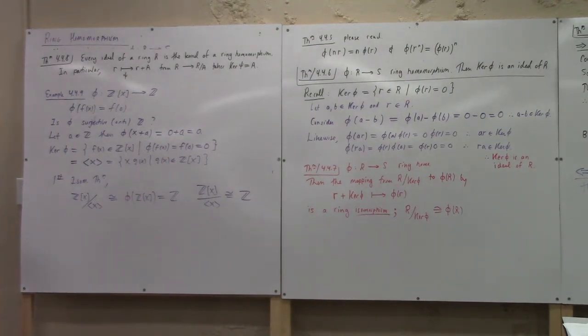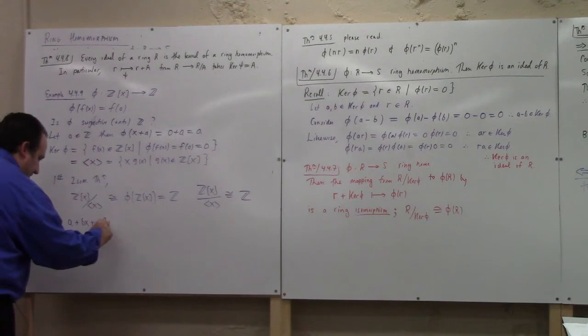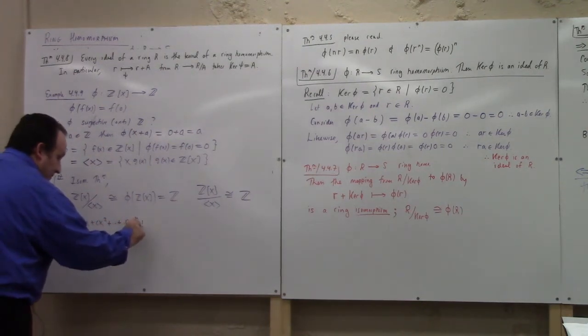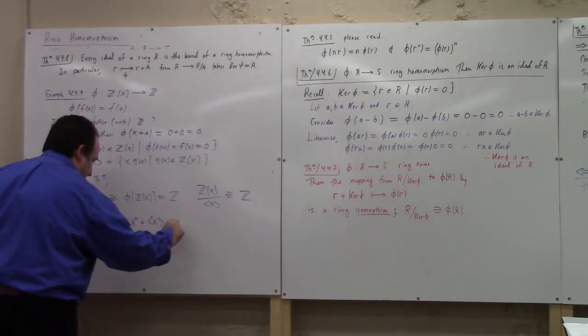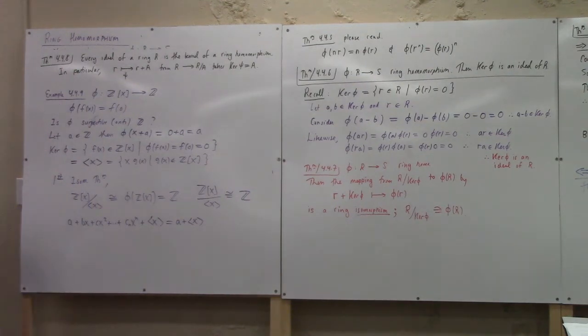So if you have a polynomial, a plus bx plus cx squared plus and so on, plus c_n x to the n, plus the ideal generated by x, well, that's just equal to a plus the ideal generated by x, right? Because in this factor ring where x generates the ideal, x plays the role of 0.